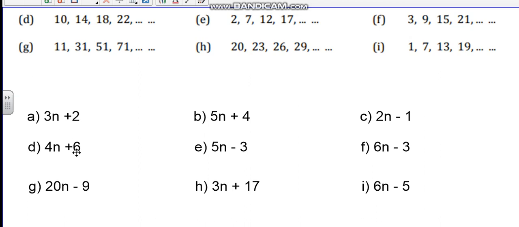If you're not sure why that's the correct answer, you can just check it. So for example, if I look at H and I look at the fourth one here, I would put 4 in here, 3 4s are 12, 12 add 17 is 29, so I know it works.